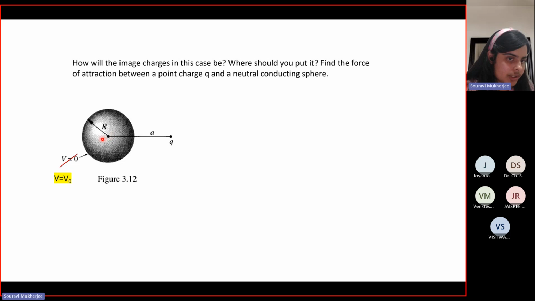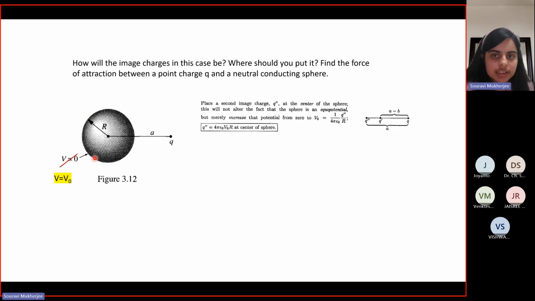Because any charge you put at the center will create a potential of 1 by 4 pi epsilon 0 q by capital R, right? So now in this case, your V0 is given, so you can choose your Q such that your potential on the surface goes to V0.